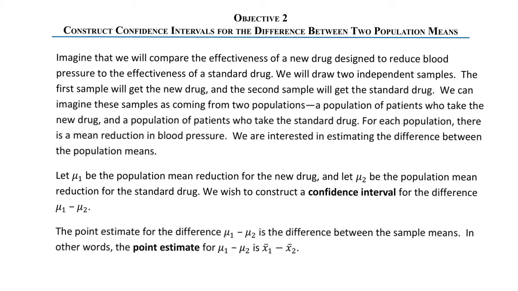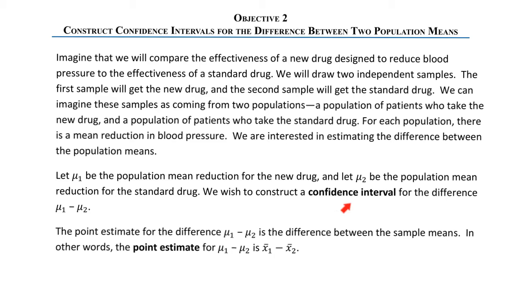For each population, there is a mean reduction in blood pressure. We are interested in estimating the difference between the population means. Let mu1 be the population mean reduction for the new drug and mu2 be the population mean reduction for the standard drug.